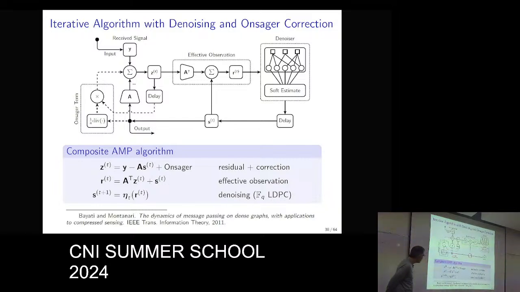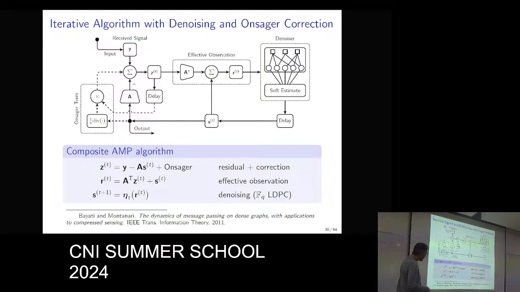We're missing one part. We're missing the Onsager term. So we're going to try to come up with an Onsager term for this to make it a legitimate AMP. This Onsager term is what we've seen yesterday. This is what we've been building this week, except that now it's in a somewhat unusual problem setting.